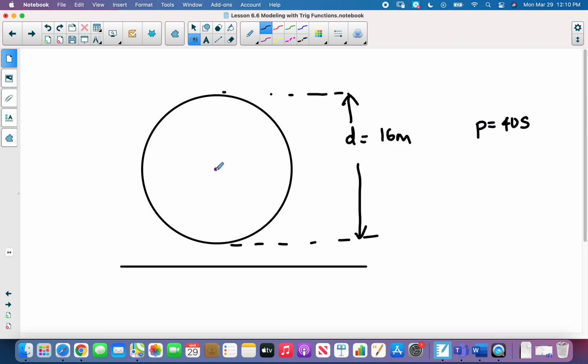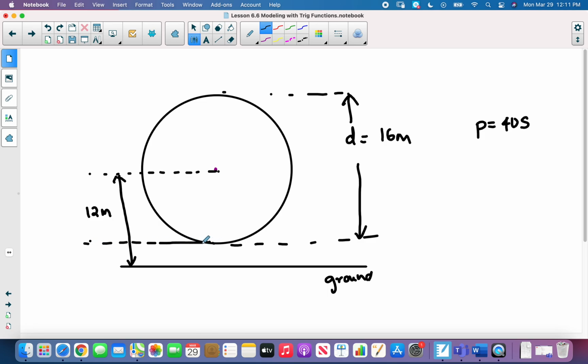So this is the center of the axle, right? And this is the ground, and this is our Ferris wheel. So this distance from here to here is 12 meters. And what's this height going to be from here?